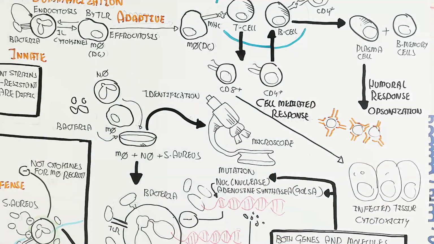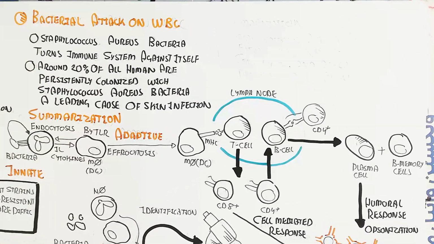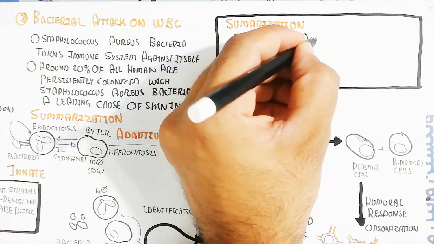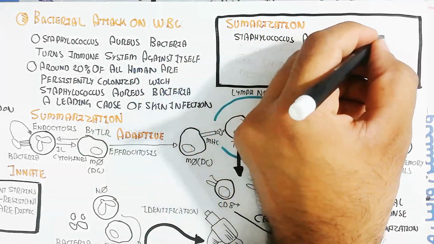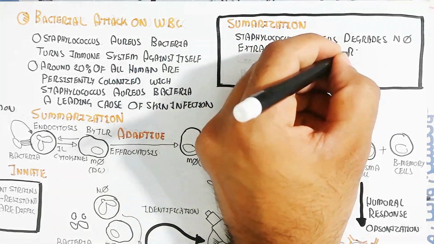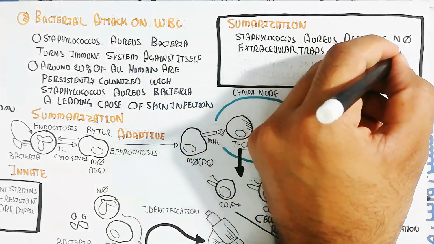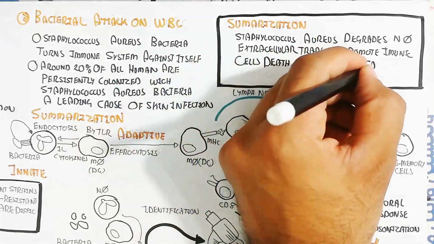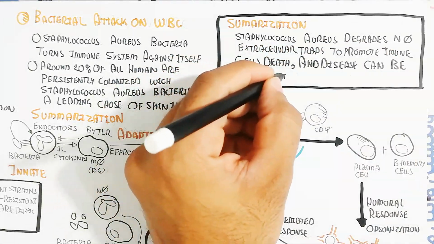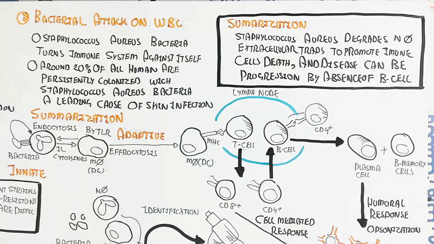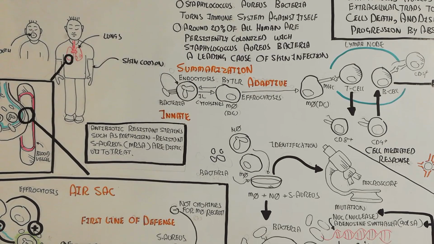This inhibits the progression of disease, while infected tissue is handled through cytotoxicity by the CD8 T cell. In summary, Staphylococcus aureus degrades the neutrophil extracellular traps to promote immune cell death, and the disease progresses through the absence of the B cell response.